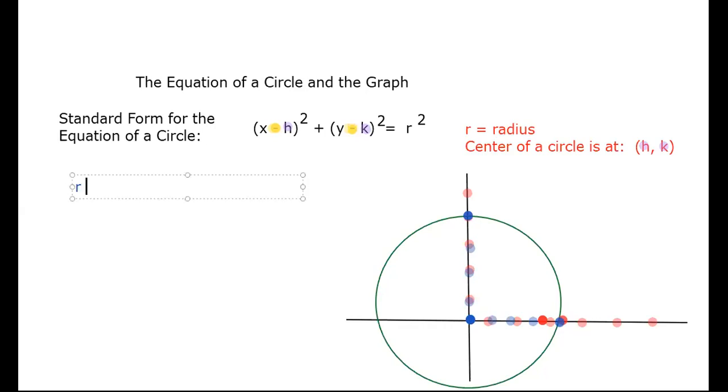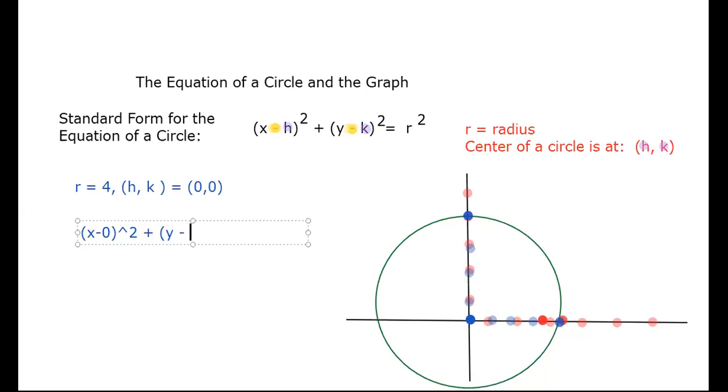So you know the radius equals 4. And you know your center, your h, k, is at 0, 0, because it's centered at the origin. Now what's our equation? Pause and see if you can come up with this on your own. (x - h) quantity squared plus (y - k) quantity squared equals 4 quantity squared.